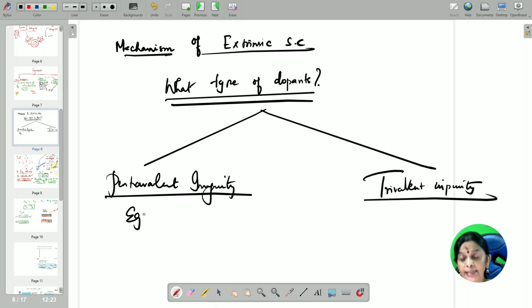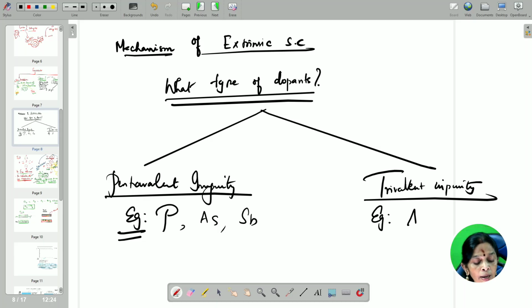Pentavalent impurity, what is an example of pentavalent impurity, children? Pentavalent impurity is 5, valency is 5. So what all are 5 valency elements? Phosphorus, arsenic, antimony. Similarly, what is trivalent impurity?